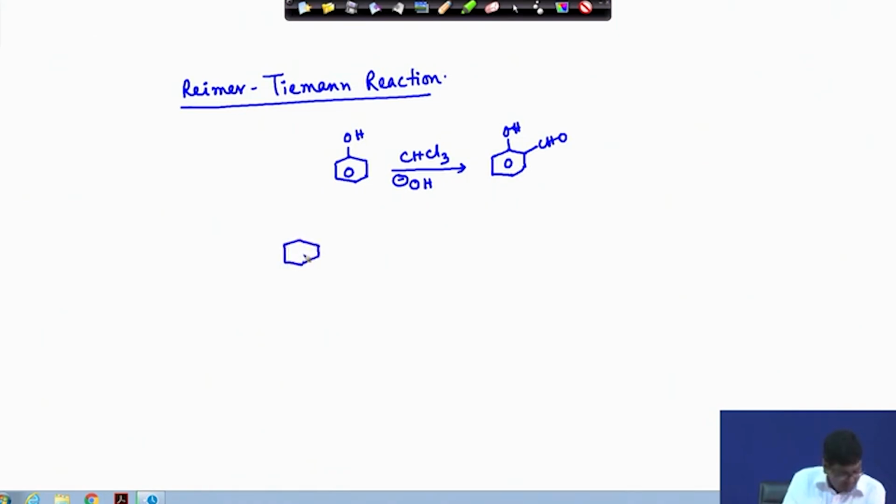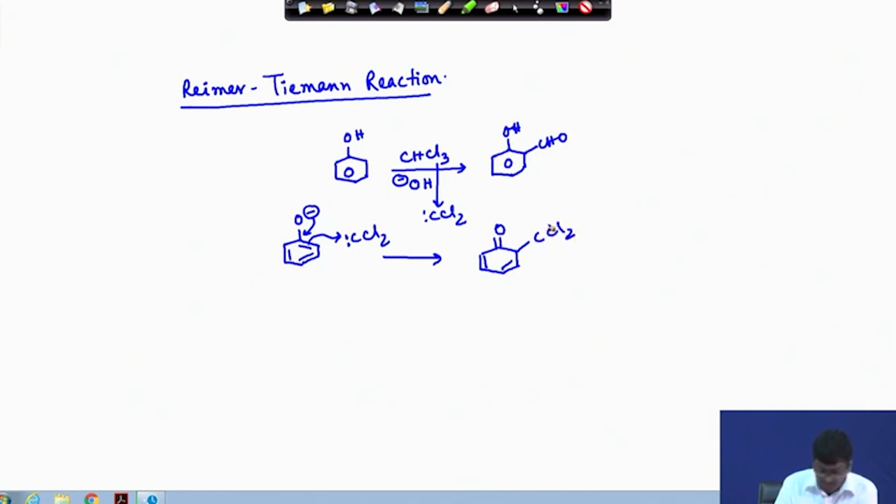The mechanism could be: presence of base, this phenoxide, and then from here it can generate the carbene. Okay. So, this dichlorocarbene can react. So, this will give this. Okay. Now, this can pick up this proton. Okay.